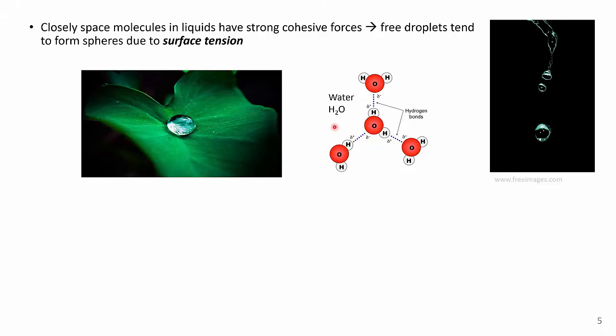That's one of the main sources of the cohesive forces, and chemistry people call these hydrogen bonds. You don't need to know those details, but that is fundamentally the reason why water tends to bead up on surfaces and form a sphere. We'll come back to that concept later in the introductory chapter.